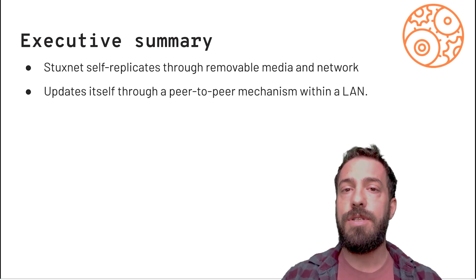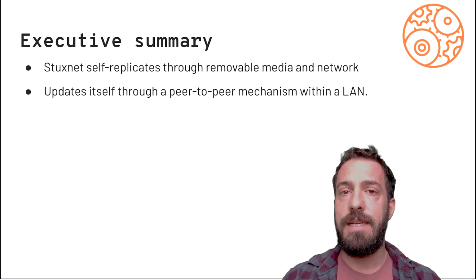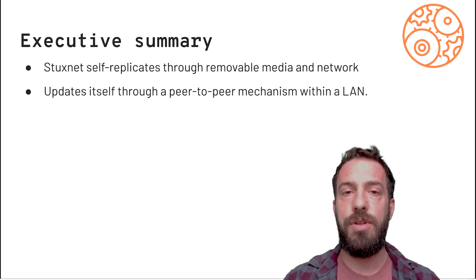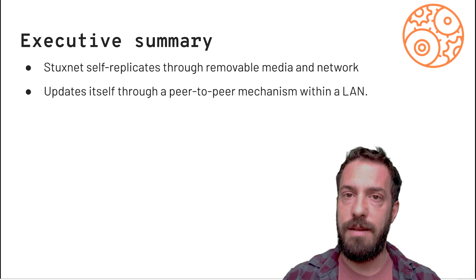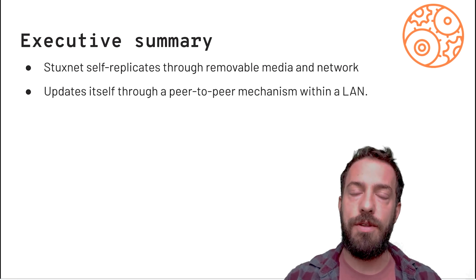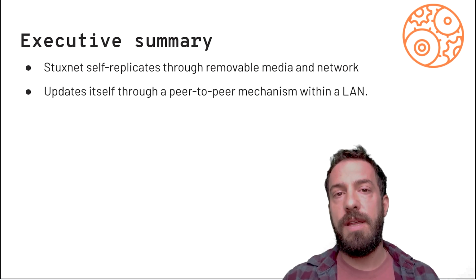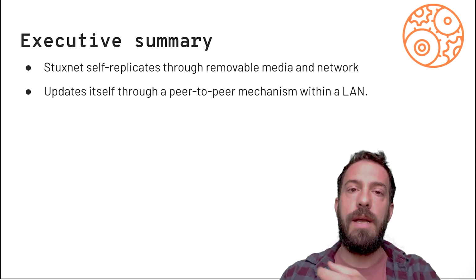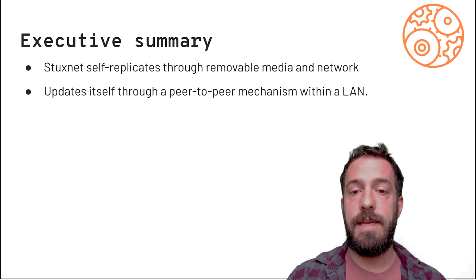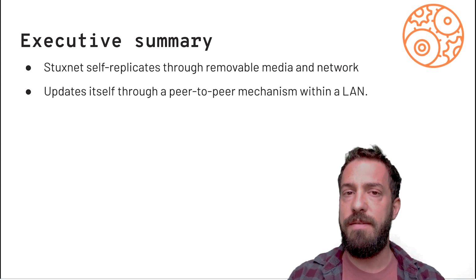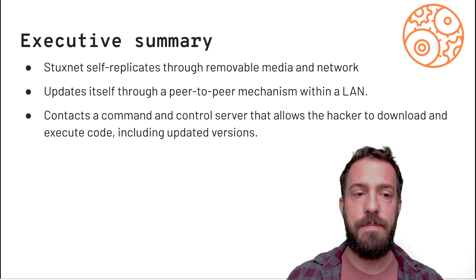Because Stuxnet was affecting the PLC, it had to be connected to the computer that was connected to the PLC, and these computers were not connected to the internet. So to get updates from the command and control center, it had to have a mechanism for getting updates from the computer that had internet access all the way to the computer connected to the PLC to ensure that it was able to update itself. So it used a very sophisticated peer-to-peer mechanism.